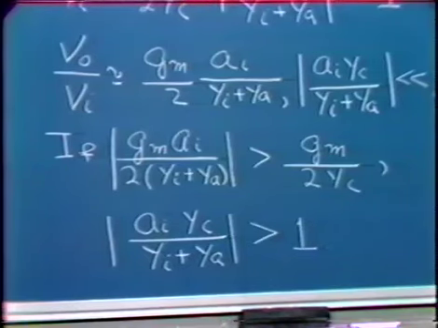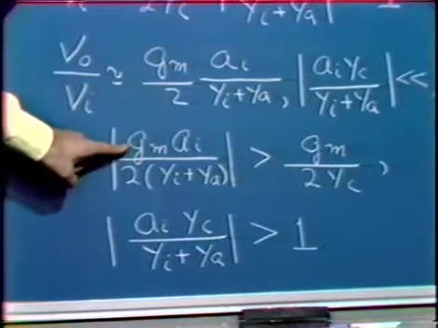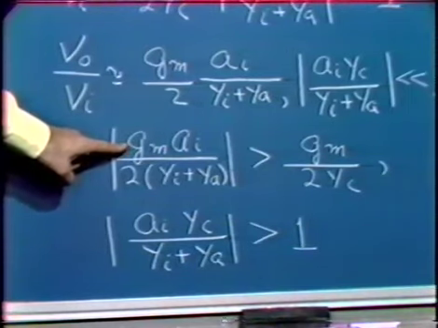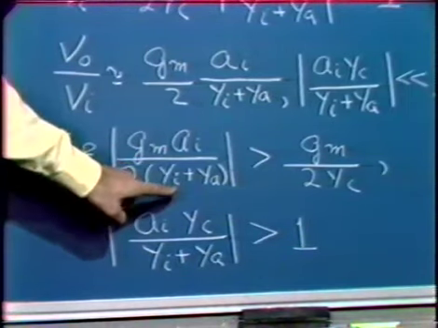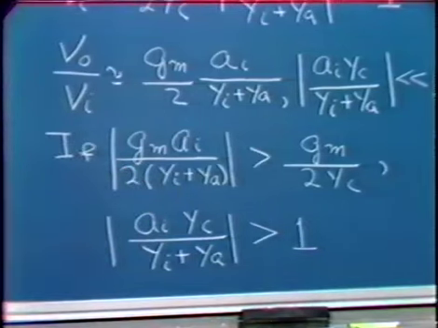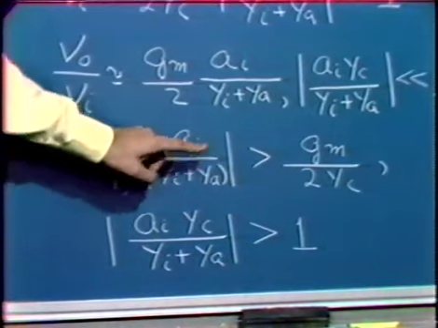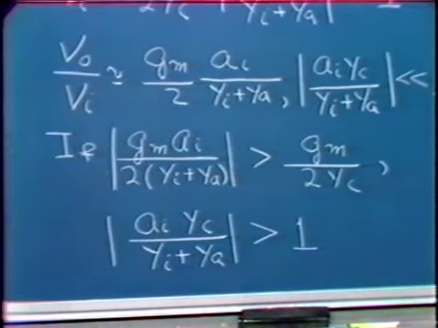And we similarly draw the open loop gain of the amplifier in the absence of minor loop feedback, but considering the loading associated with the two-port feedback network. That quantity is of course G sub M AI over 2 YI plus YA.